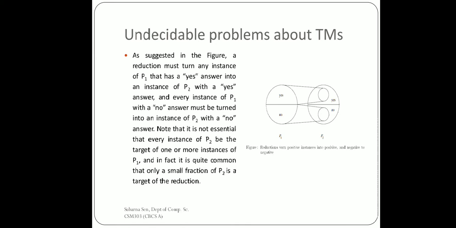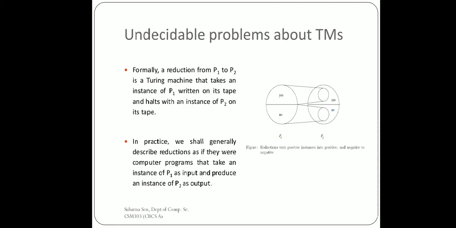No, there is a small circle in the second large circle marked as yes, meaning yes is the total block, but we have picked a few instances from the total block of yes and successfully mapped them to the yes part of P1. That means if it holds for this much, it is true for all the values, okay? And similarly for the no portion as well.